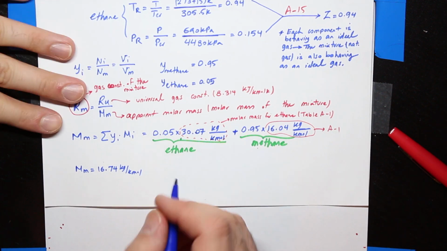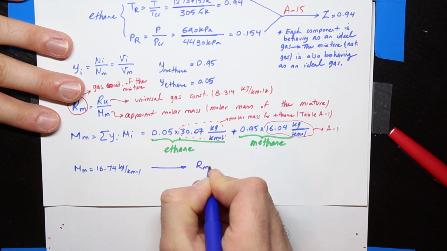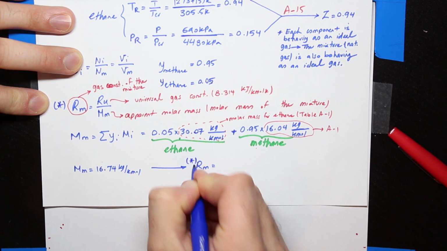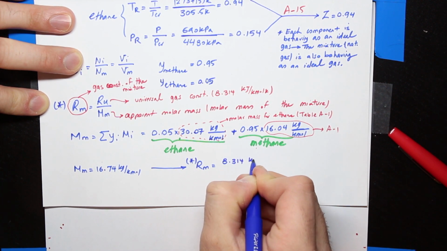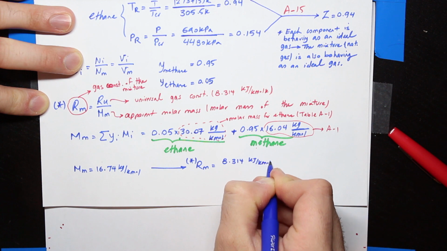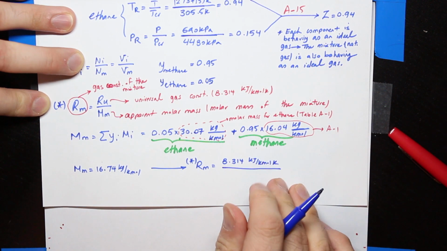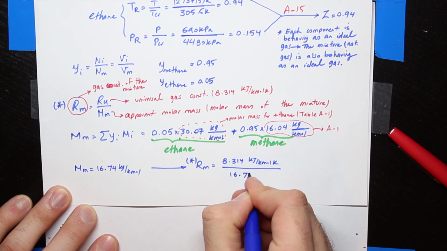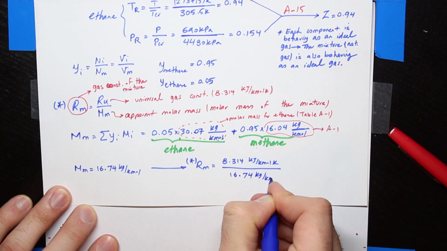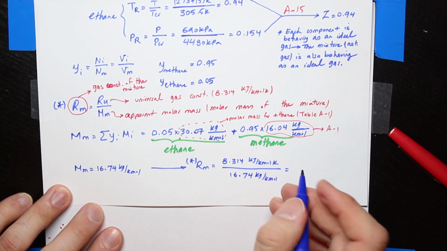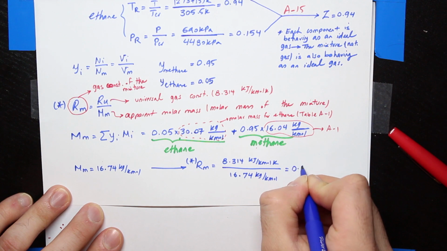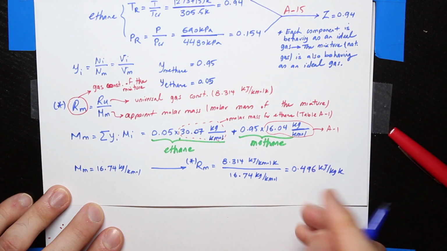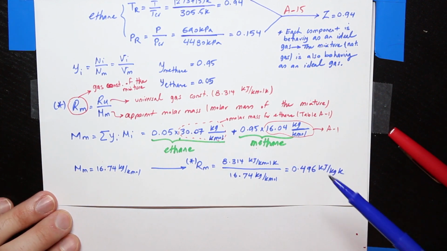So Rm is going to be equal to 8.314 kilojoule per kilomole Kelvin over Mm, 16.74 kilogram per kilomole, and my Rm is going to be 0.496 kilojoule per kilogram Kelvin. So this is my Rm.